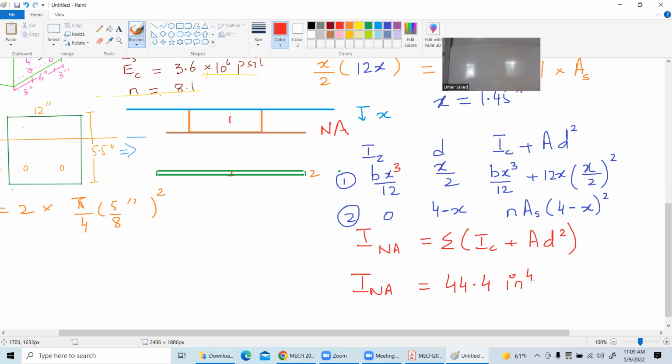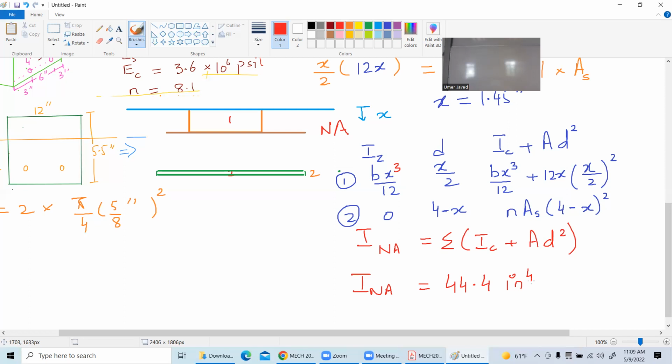Do it. IC plus AD squared formula. Parallel axis theorem. If I want to find the moment of inertia of this about this line, so bx cubed by 12.